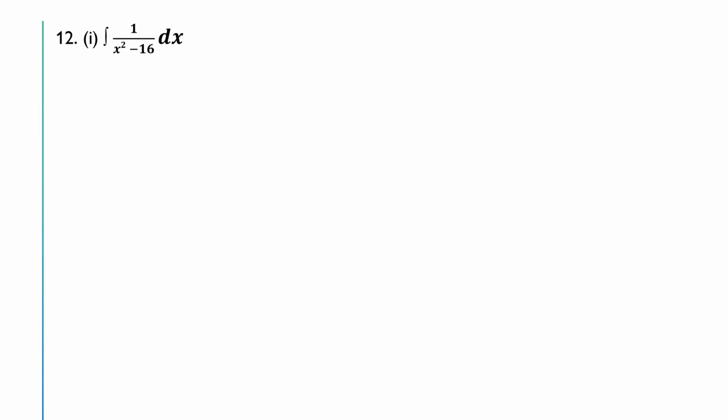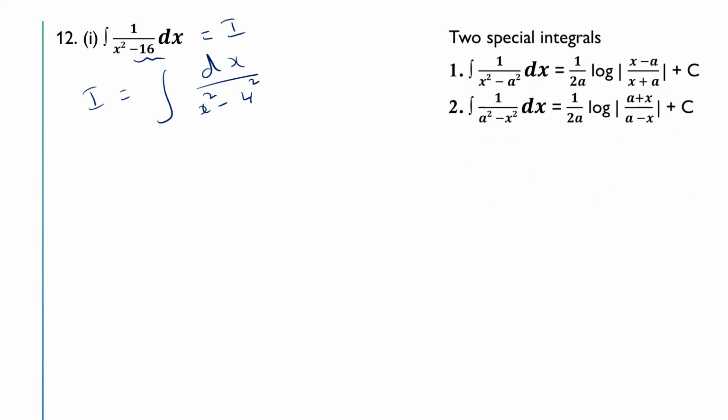Now we will see the questions which use these integrals. The next question, integral x square minus 16 into dx. So let us take this as equal to I. So this is equal to integral dx upon x square minus 16, we can write it as 4 square. So among the two integrals that we have to remember, we have to use the first one, integral 1 by x square minus a square dx equal to 1 by 2a log mod x minus a by x plus a plus c.